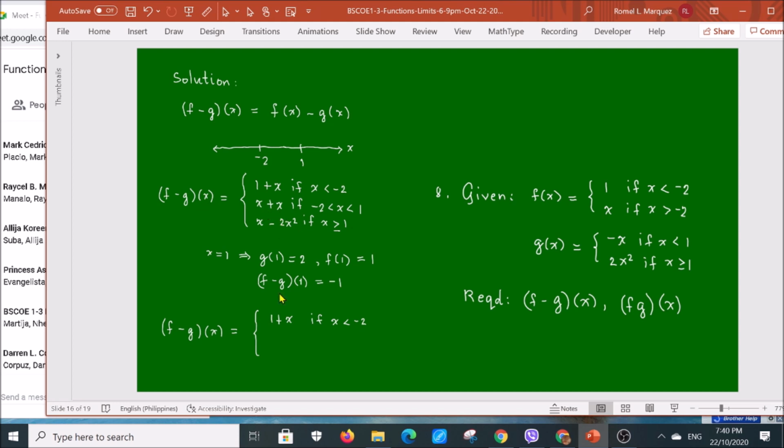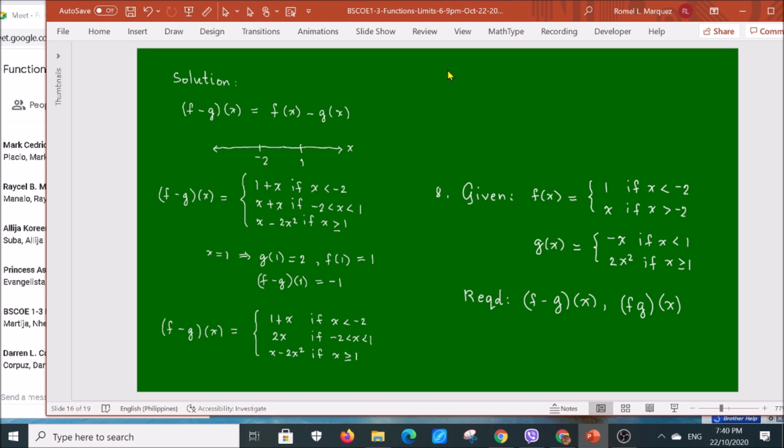That is x plus x, which is 2x, if x is between negative 2 and 1. And then it is equal to x minus 2x squared if x is greater than or equal to 1. Okay? So that's now the value of f minus g of x in terms of piecewise function. That is how we define f minus g.